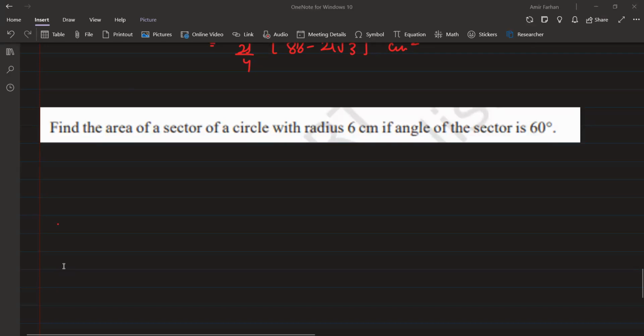Use pi as 22/7. If the value of pi is not given, you can use any value. If the value is specifically given, either 22/7 or 3.14, you have to use that value.